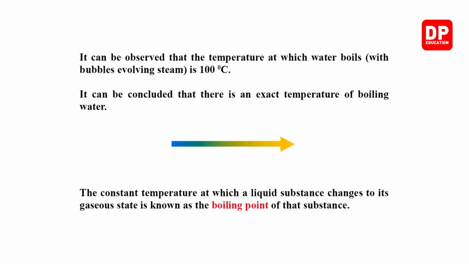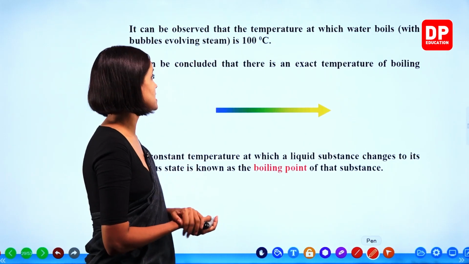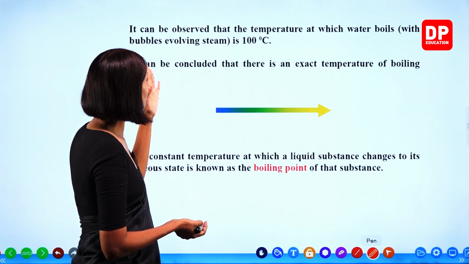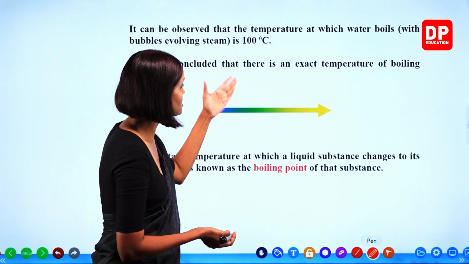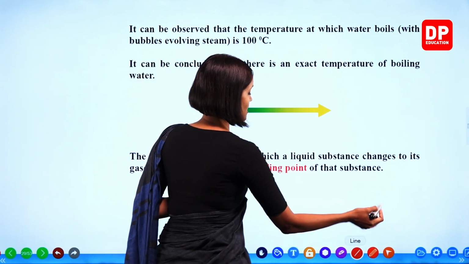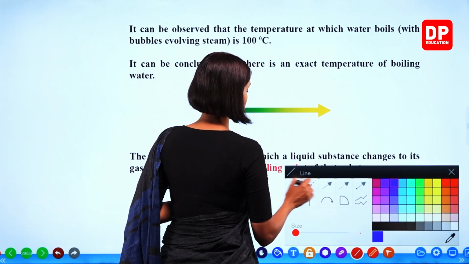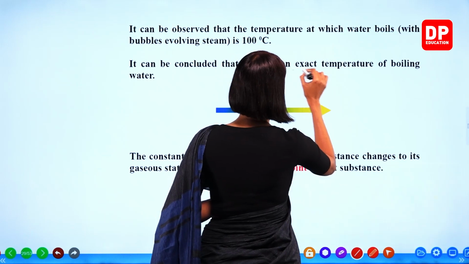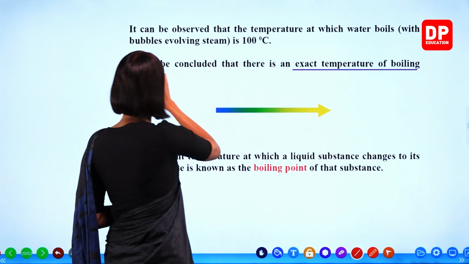So, here it's given. It can be observed that the temperature at which water boils, with bubbles evolving steam, boiling, right, is 100 degrees Celsius. And it can be concluded that there is an exact temperature of boiling water, right? There is an exact temperature of boiling water, right?